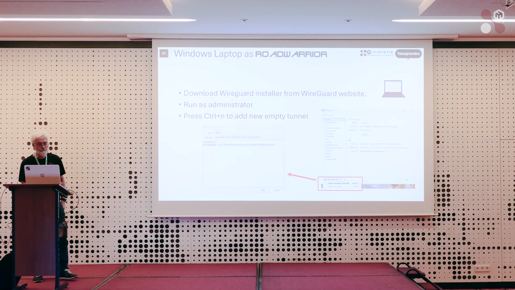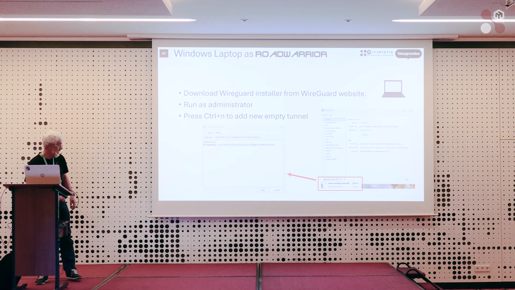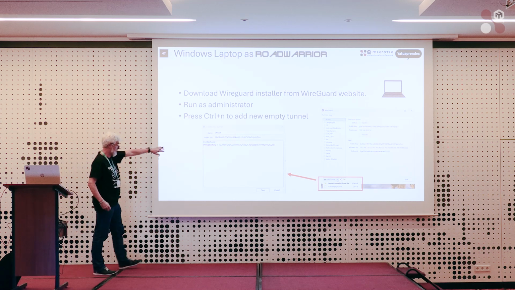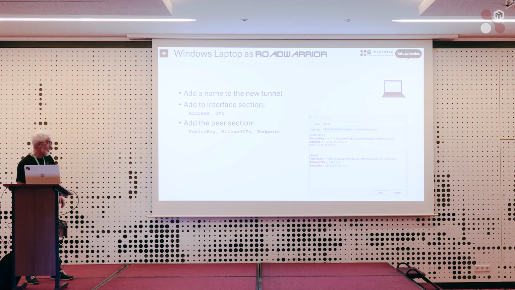Okay. For a laptop, we have to download the WireGuard installer and install it with administrator rights. It only starts with a private key and a public key. We need to put the rest of the information in the Interface section.